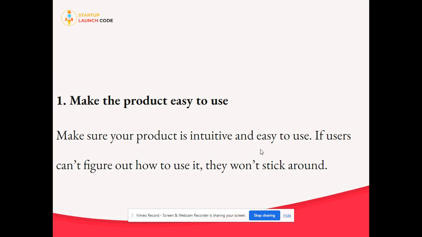Now, it is important for your product to be easy for your users to use. If a product becomes difficult to use, people will not want to use that product except their life depends on it. So make sure your product is intuitive and easy to use. If users can't figure out how to use it, they won't stick around. So you need to make your product as easy as possible.